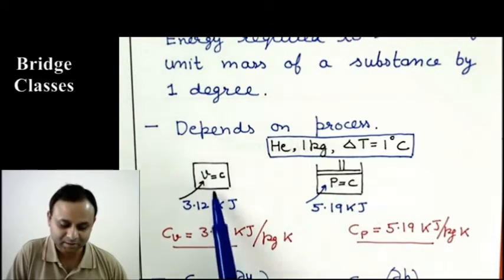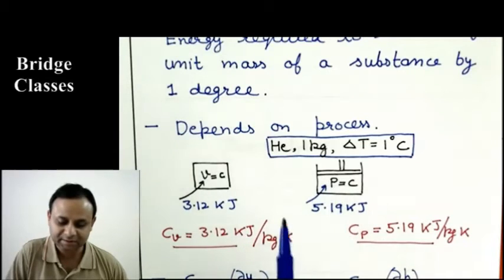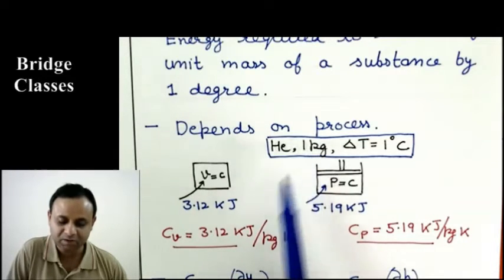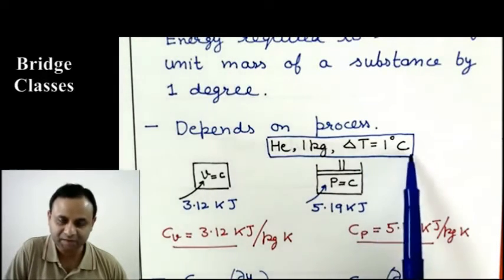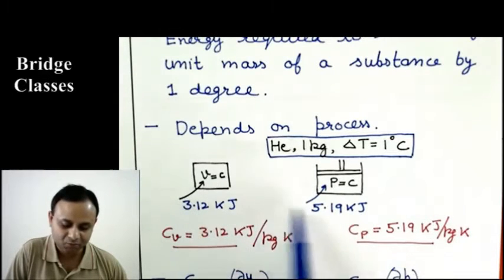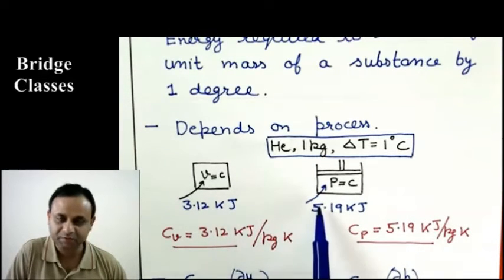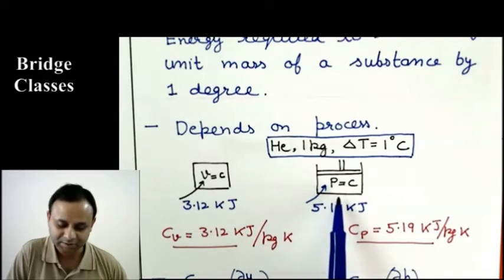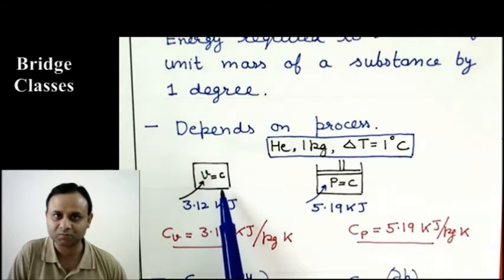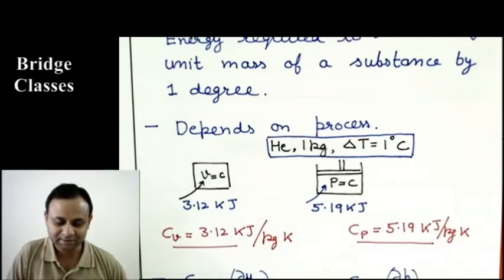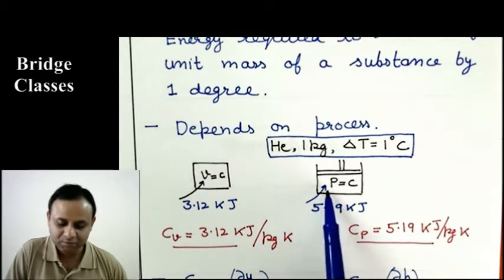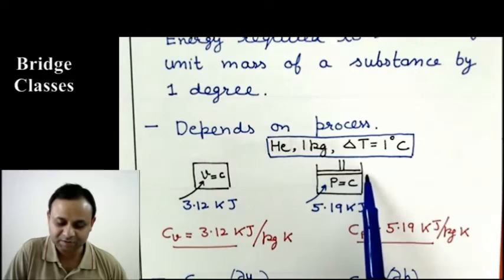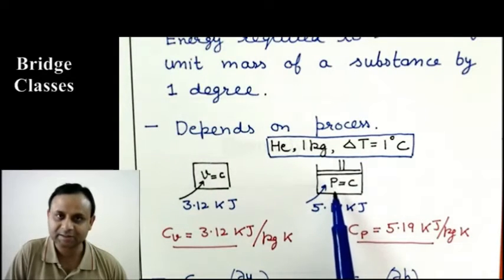So you see, in both cases, we are increasing the temperature of 1 kilogram of a substance by 1 degree C, but the amount of energy required, the amount of heat transfer required, depends on the process. For the constant pressure process, it is greater than for the constant volume process. And the reason is that in the constant pressure process, this piston moves as there is heat addition.